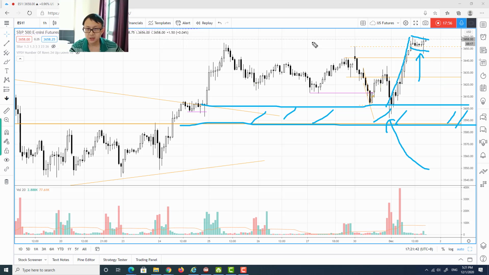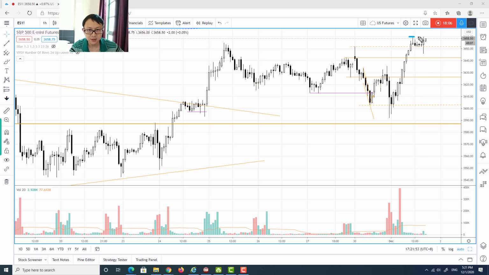So definitely I think everything looks relatively bullish, but right now we are just at this swing high level. So if we can see commitment above this previous swing high there, maybe around 3660, definitely we will see a continuation to the upside and going to test the all-time high level near 3670.